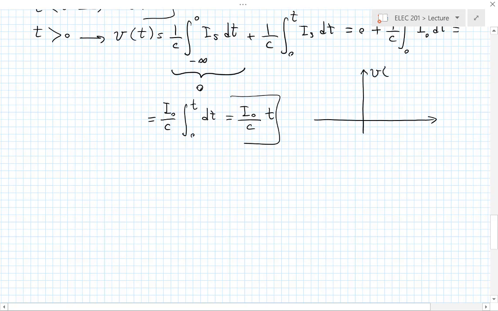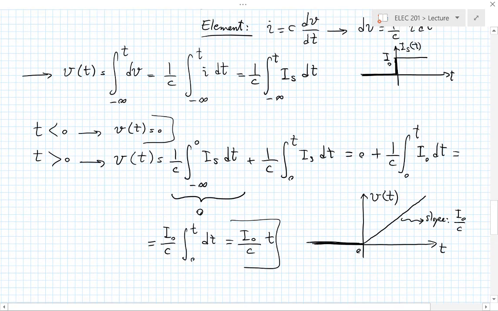V of t, the solution came out like this: 0 there, and then grows linearly with the slope being I naught over C. I've just plotted the answer.